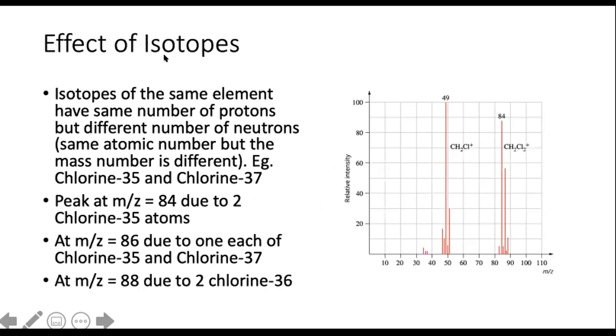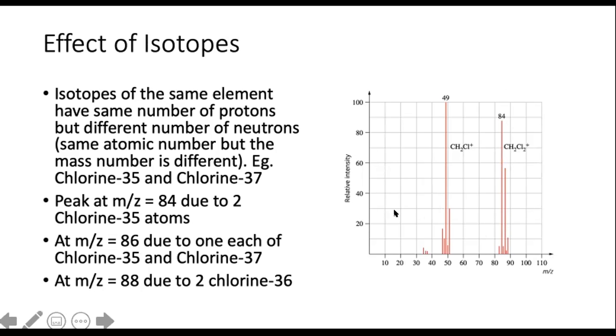Now, we can also have different isotopes. For example, we have isotopes of chlorine. We have chlorine 35 and chlorine 37, and these have the same number of protons as each other, so they're the same element. It's just that they have different numbers of neutrons. And these neutrons can contribute to slightly higher or slightly lower fragment ions.